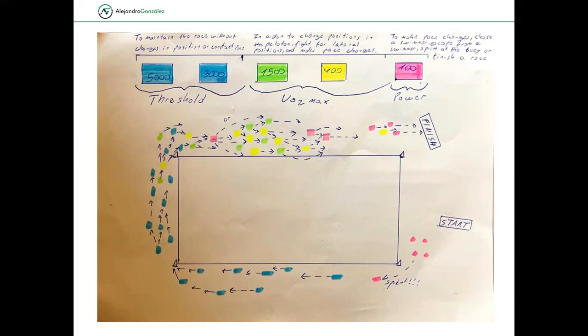You have the anaerobic threshold, the limit where work goes from being more aerobic to more anaerobic. The VO2 max is the maximum aerobic power that you can support in a work, and then power or anaerobic workout, where you have to use carbohydrate for the energy to support the speed.